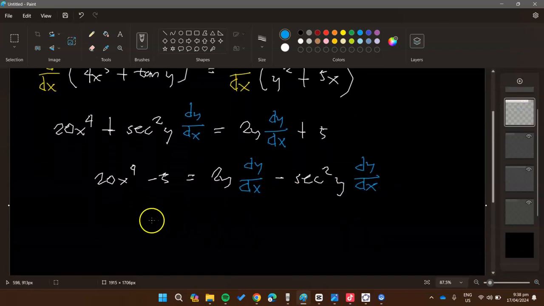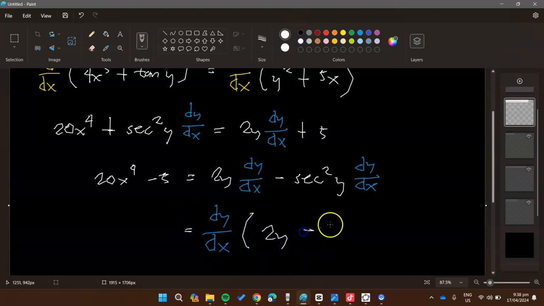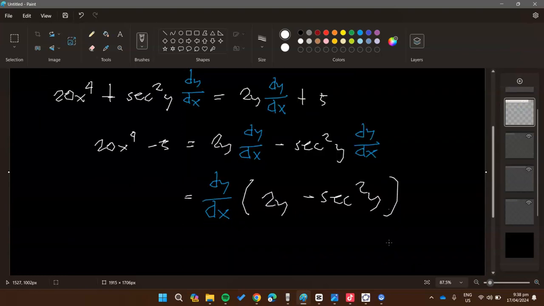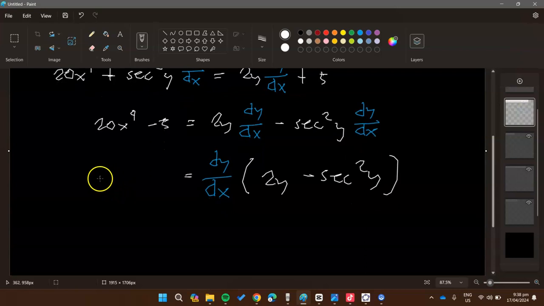So factor out dy/dx. I will get dy/dx times 2y minus secant squared y. And then at the other side, I have here 20x to the 4th minus 5.